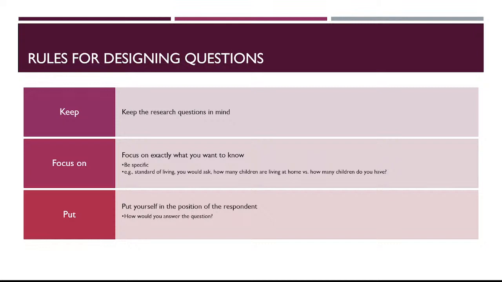So be specific, right? How many children are living at home versus how many children do you have? So asking how many, cost of living, right? How many children do you have in general might not be a very useful question versus how many children do you have living at home, right? It's like, okay, how many people are you paying for, are you paying for them to be at home?